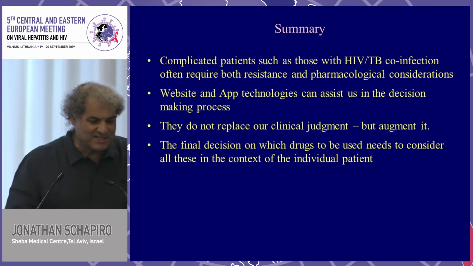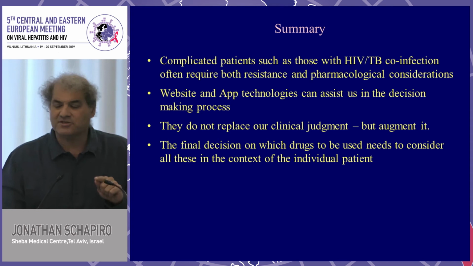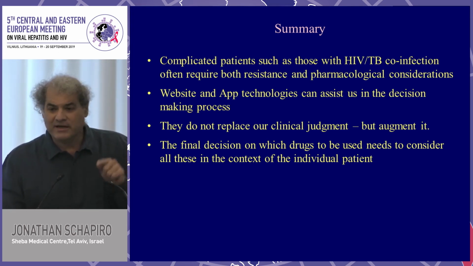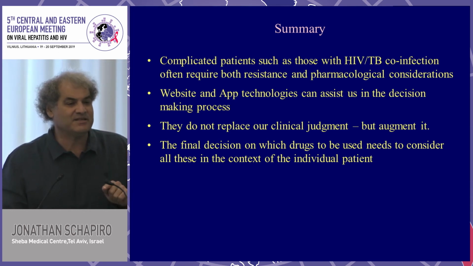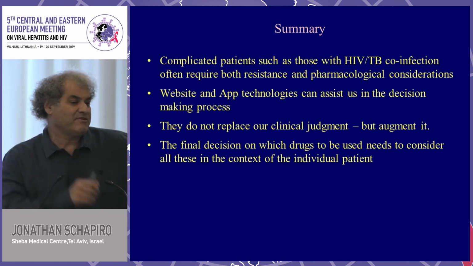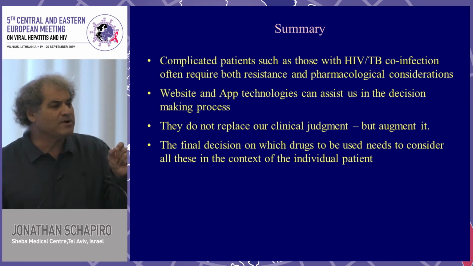And the final decision needs to be given in the context of the patient. And this is tough, because even when it's telling us dolutegravir, if we have a patient that had toxicity, and that's why we're not giving them dolutegravir, then it's not a good solution. And if we're in a place where we have rifabutin, then maybe we can do rifabutin and not rifampicin. So these are tools which help our clinical judgment.